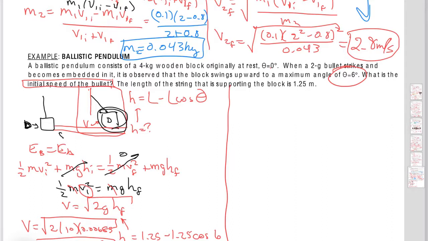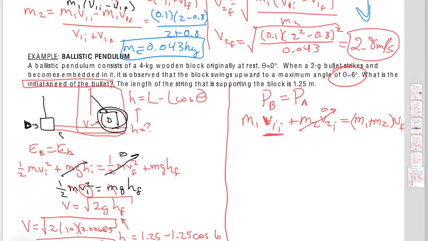I can use P before equals P after, so M1 V1 initial plus M2 V2 initial equals M1 plus M2 times V final. I'm solving for the initial velocity of the bullet. The block's not moving to start, so that term is 0. So the initial velocity of the bullet is M1 plus M2 times V final over M1.